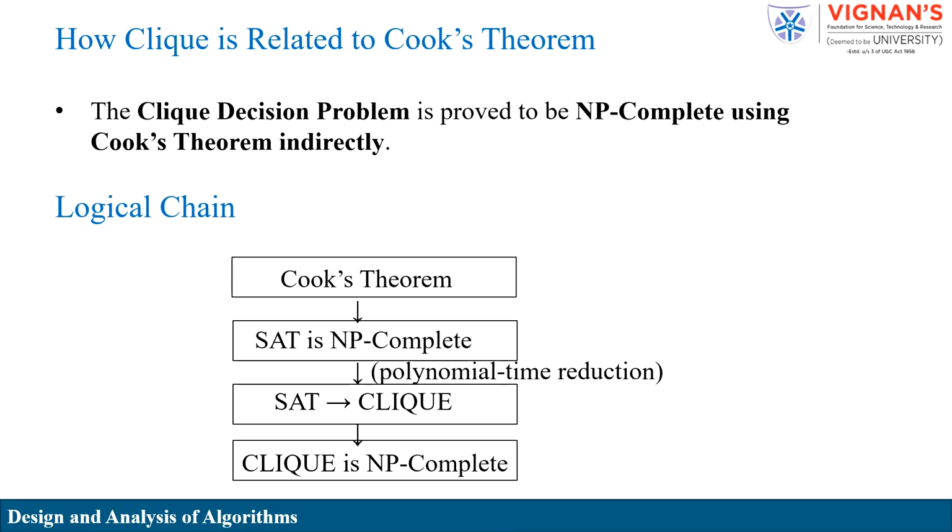This means that any instance of SAT can be transformed into an equivalent instance of the Clique problem in polynomial time. Because SAT is NP-complete and SAT reduces to Clique, it follows that Clique is also NP-complete. This logical sequence explains how the Clique problem's NP-completeness is derived using Cook's theorem.